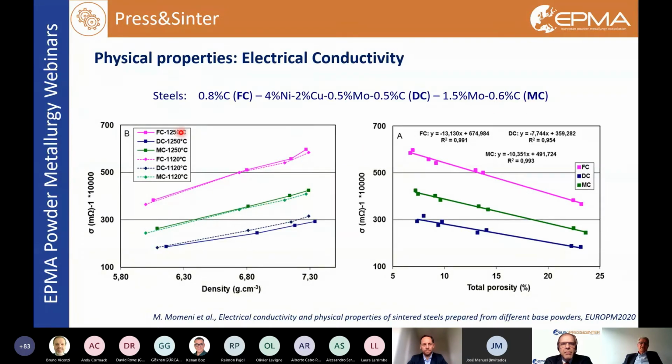All these steels have been sintered at two different temperatures. We may observe that the electrical conductivity increases on increasing density. The influence of sintering temperature is not so pronounced. And by plotting the electrical conductivity versus total porosity, it's possible to draw some models, some equations that can be used in the prediction of this property.